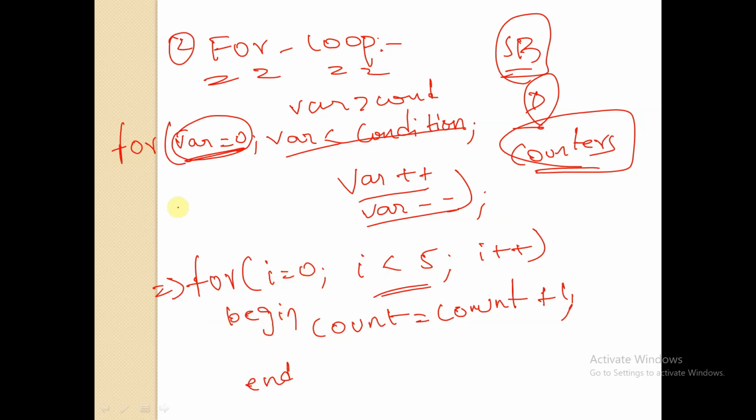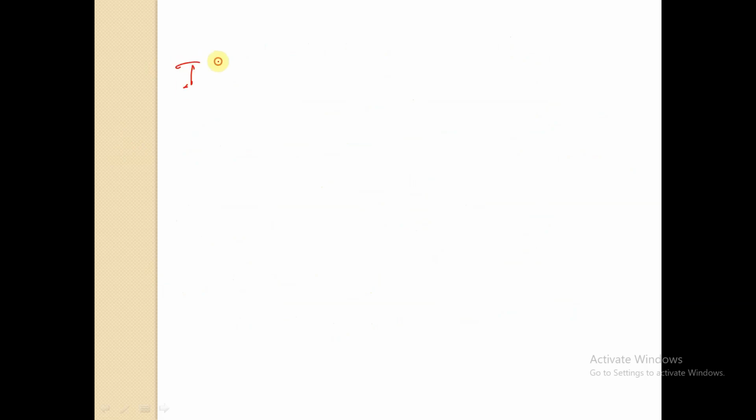So here what's happening, I should declare I as an int I. So first I should make I equal to 0 and I less than 5 and I plus plus. So it is an iteration loop.